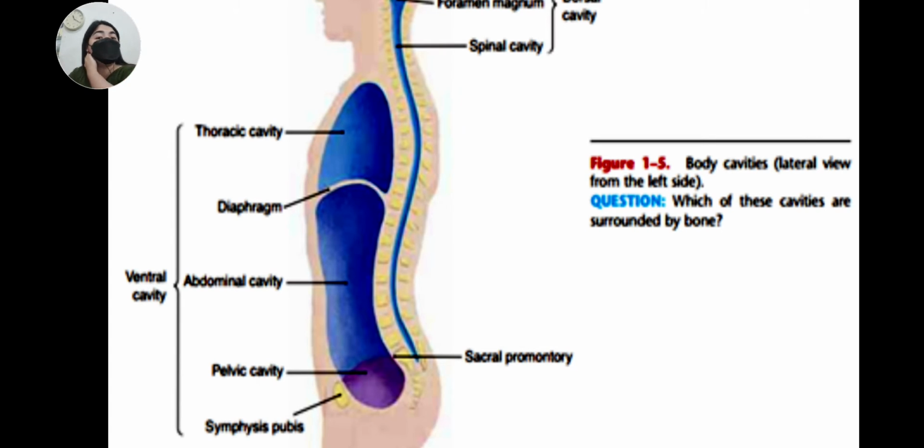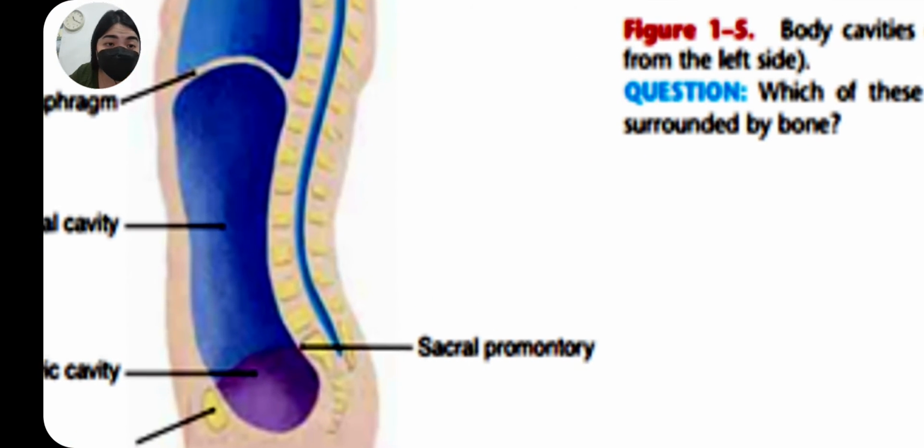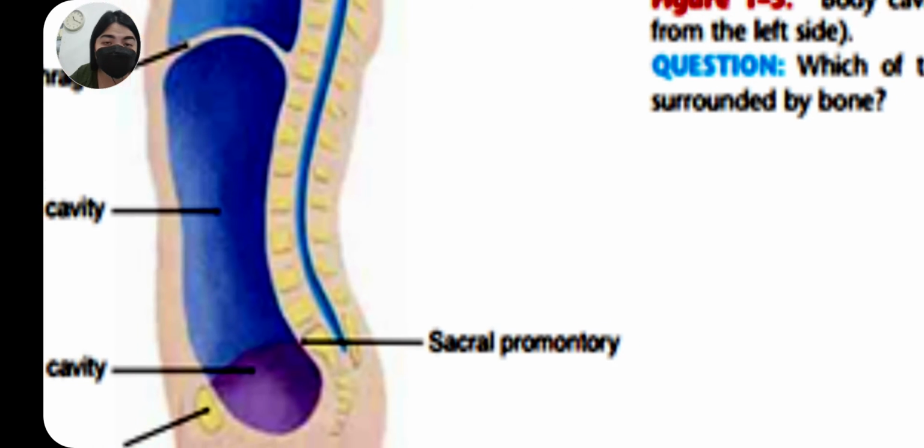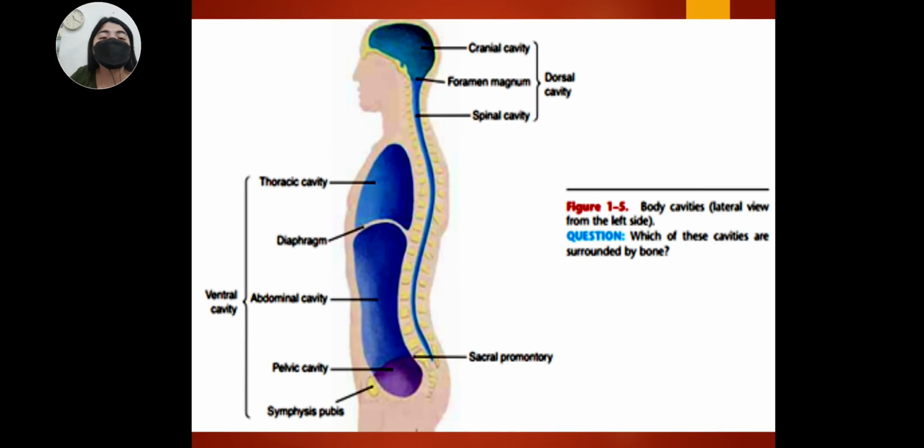As I've said, the pelvic cavity is included in the ventral cavity, the front cavity, because the pelvic is still in the front. We also have the symphysis pubis and the sacral promontory. Let me enlarge it so you can see. That was the different cavities inside our body. This is the lateral or left side view of the body.